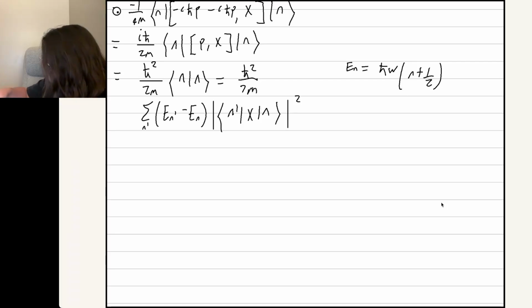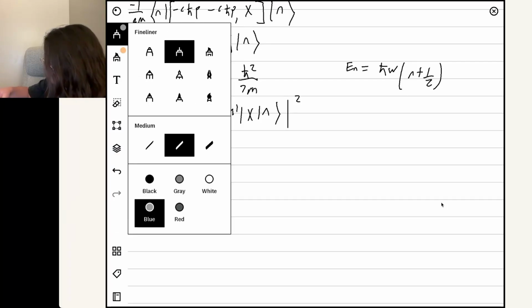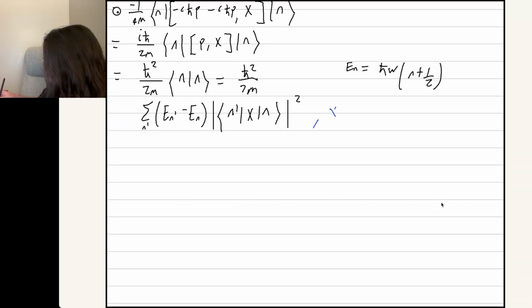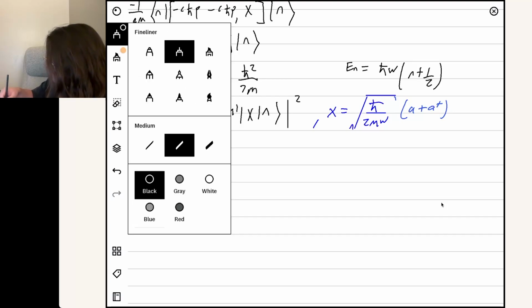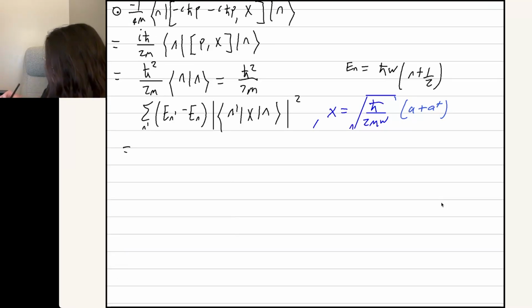We're going to use a substitution for the position operator for the harmonic oscillator, where it's the square root of h bar over 2m omega times the sum of the raising and lowering operators. Okay, so we got that going for us.